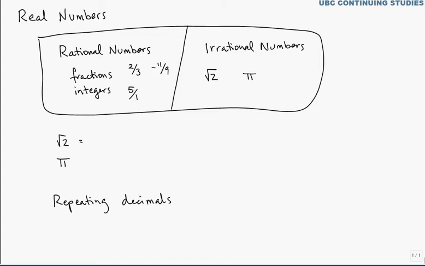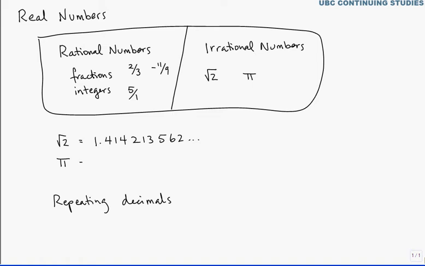So the first part of the decimal expansion of root 2 is 1.414213562, and it will go on forever, never repeating and never stopping or terminating.